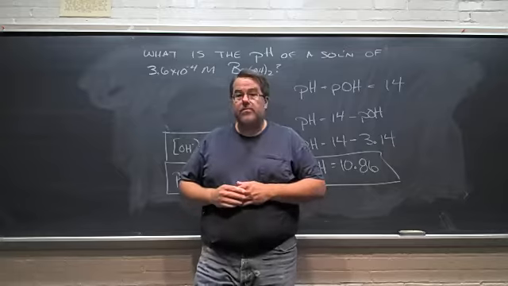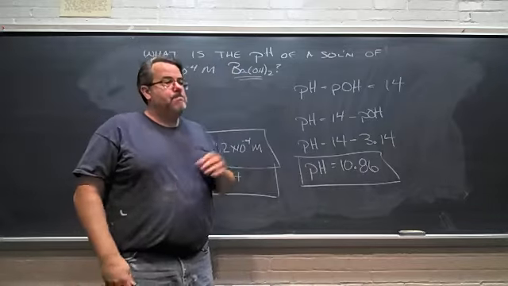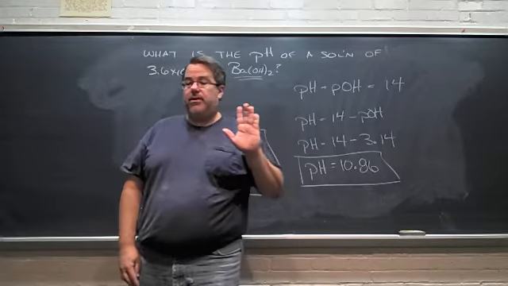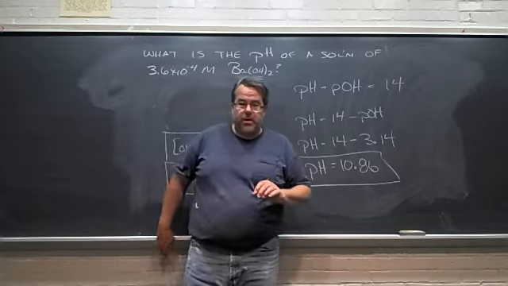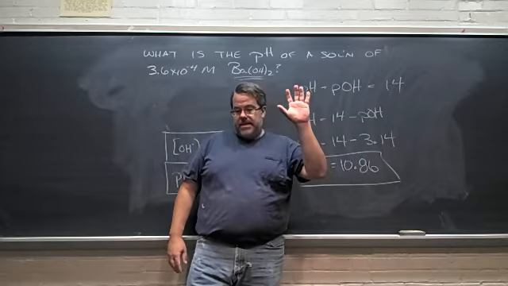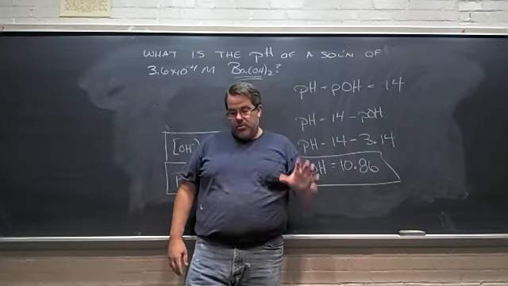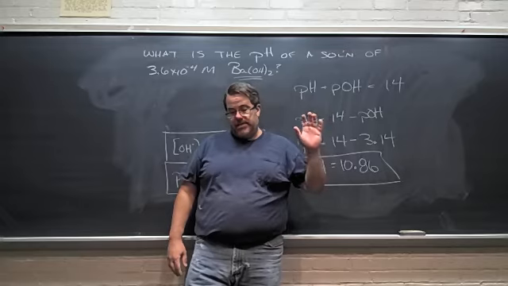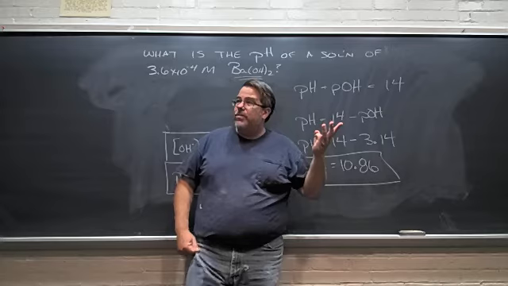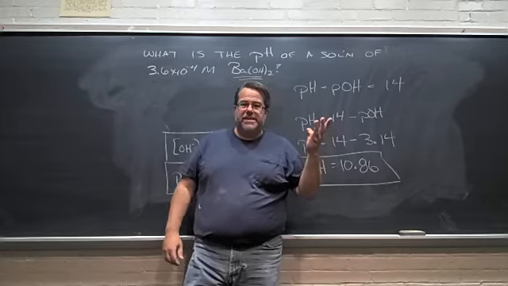All right. For the bases, any hydroxide compound that is completely soluble in water is going to break apart to give you hydroxide ions. That is the group 1 hydroxides, lithium, sodium, potassium. The others as well, but they're much less common, rubidium and cesium.